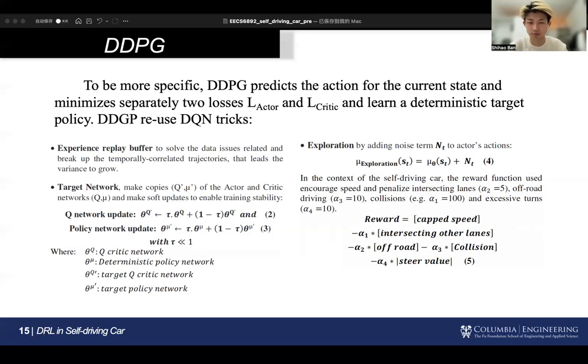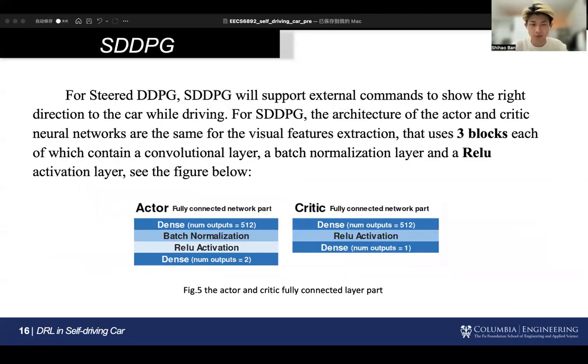As I'm showing my slides, for the SDDPG, it will support the external command to show the right direction to the car while driving. For the SDDPG, the architecture of the actor and the critic neural networks are the same for the visual features extraction.